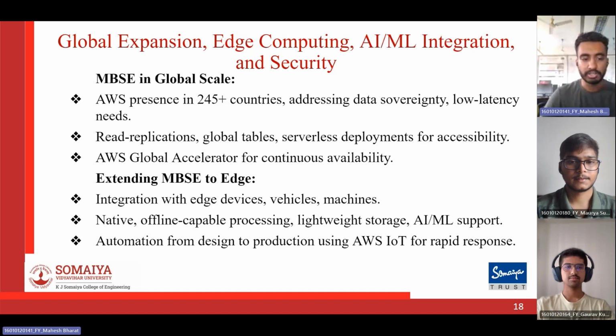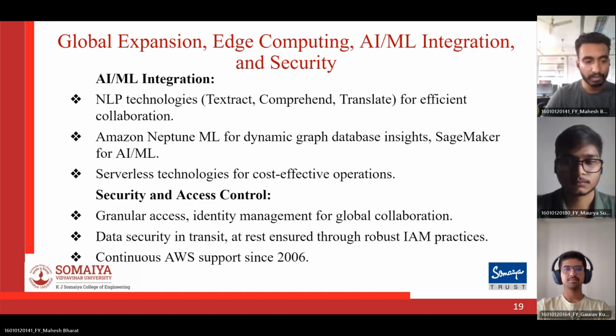Extending MBSE to the edge allows AWS to seamlessly integrate MBSE with edge devices, vehicles, and machines. It provides native offline capable solutions with lightweight processing, storage, and AI/ML support. Automation from design to production is achieved using AWS IoT, enhancing agility and responsiveness to design changes and effects.